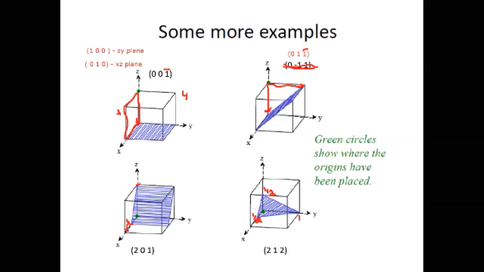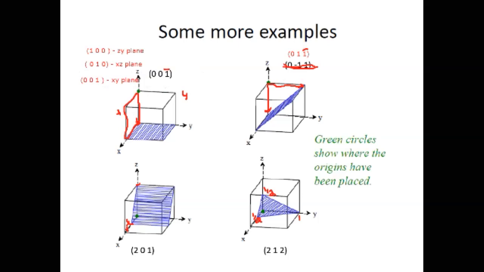And then lastly, if you have the 0, 0, 1 reflection plane, it's going to be on the XY plane. Because when you shift it off the origin, it's no longer going to cross the X or Y axis.